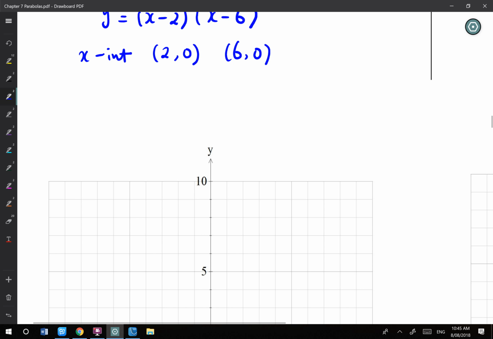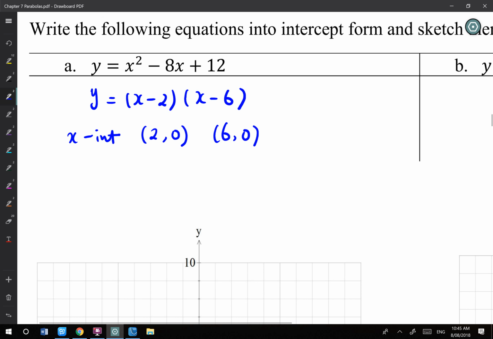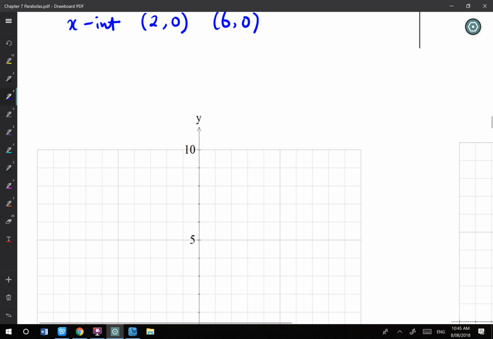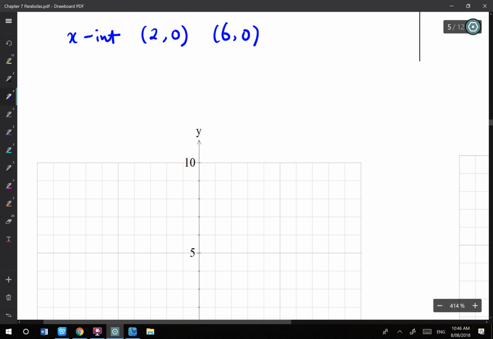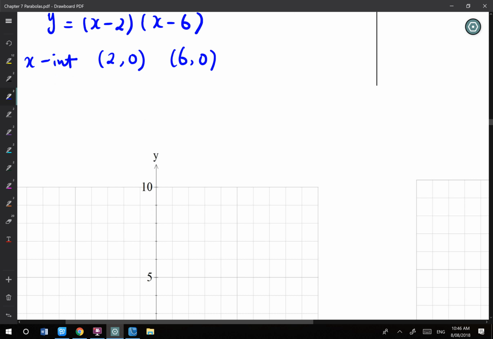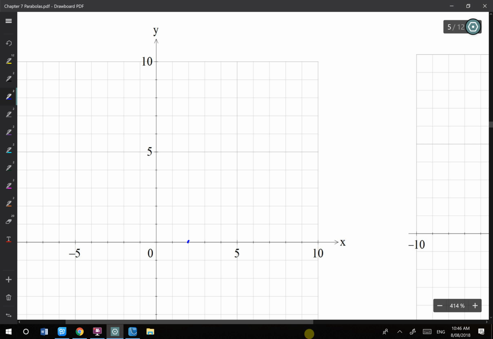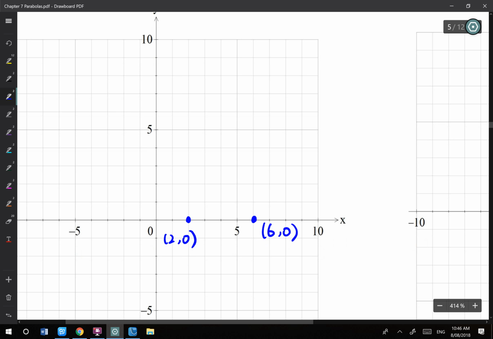Let's label 2, 0 here, and 6, 0 here. So those are the two x-intercepts.